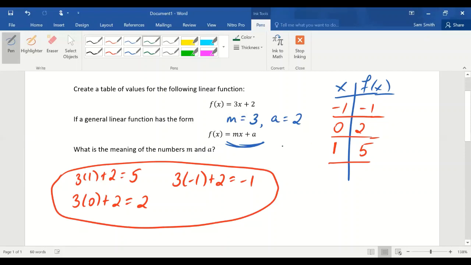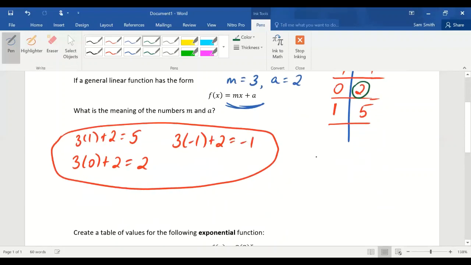Now the value of a equals 2 can actually be seen in this table directly. It shows up right here. a is the number that is associated with x equals 0. So let me note that a is the y-intercept.